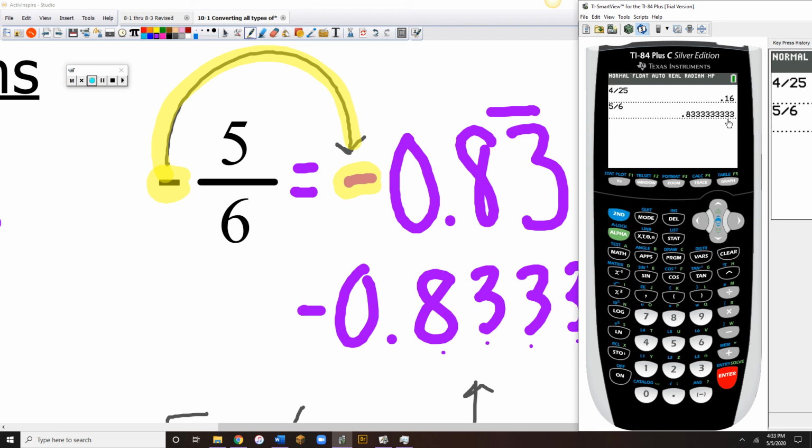Like 1/2, I think you all know is 0.5, or 1/4 is 0.25. But you're not going to be able to figure out most fractions as decimals without your calculator.